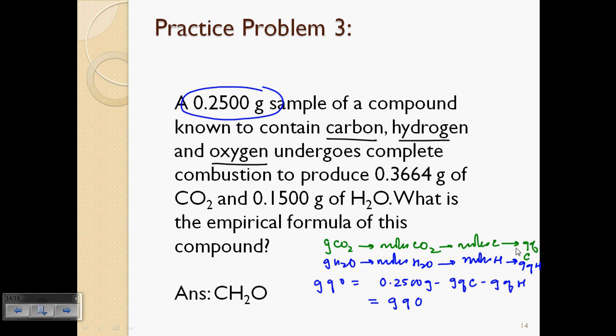Once you have all the 3 masses, you'll convert grams of carbon to moles of carbon, grams of hydrogen to moles of hydrogen, and grams of oxygen to moles of oxygen. Once you have all the 3 moles, you divide all the moles by the smallest moles, and if you get whole numbers, then that's your empirical formula. If you don't get whole numbers, you've got to multiply to get whole numbers, and that'll be your empirical formula.